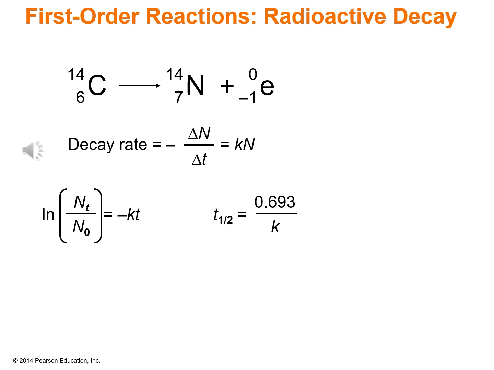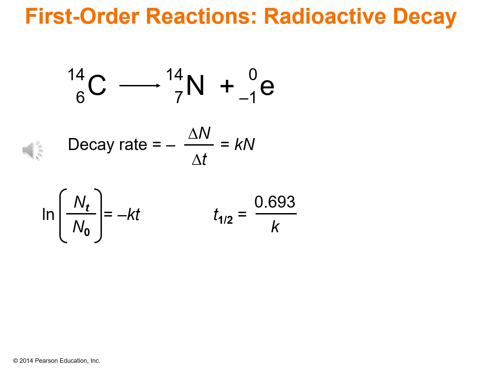In this case, the decay rate is going to be equal to the number of radioactive nuclei, which we're calling N, in a sample times a first order rate constant called k, which is also called the decay constant anytime we're looking at radioactive decay.